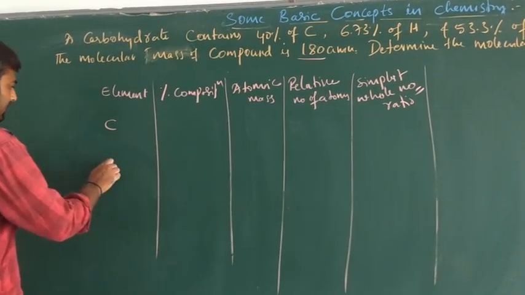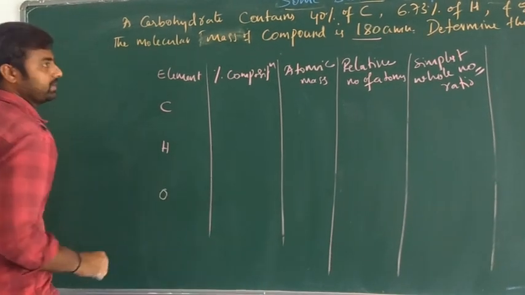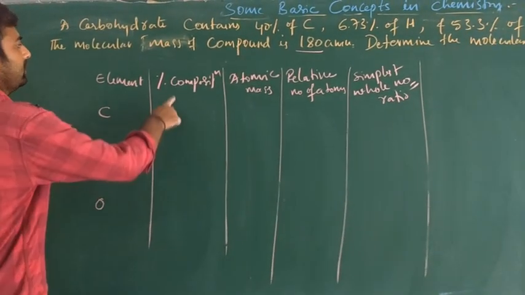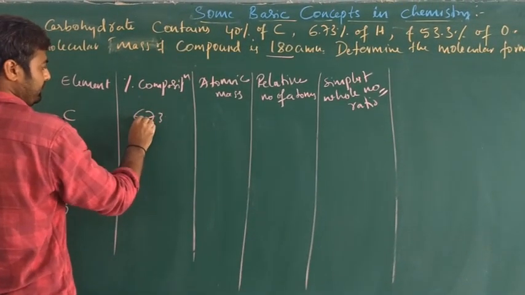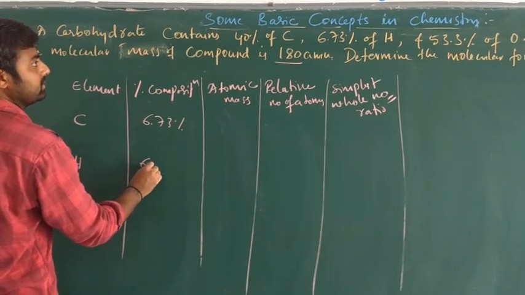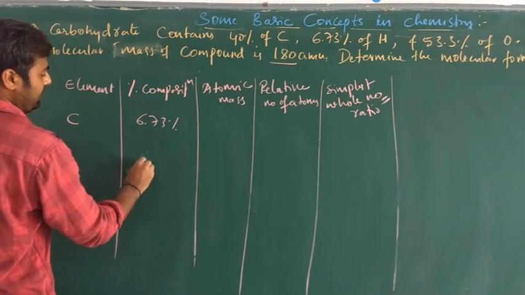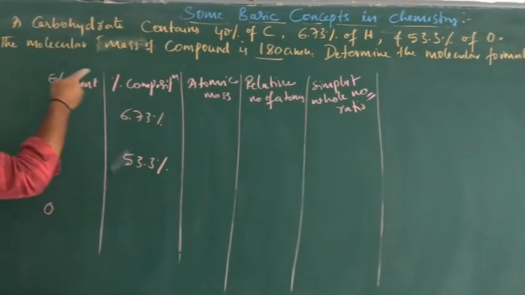First you have to write the given elements, that is carbon, hydrogen and oxygen, in the first column. In the second column, the percentage composition.